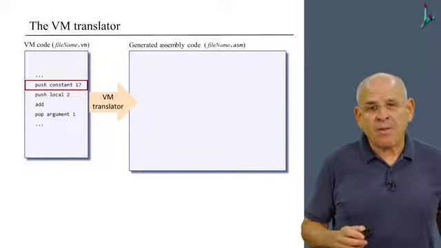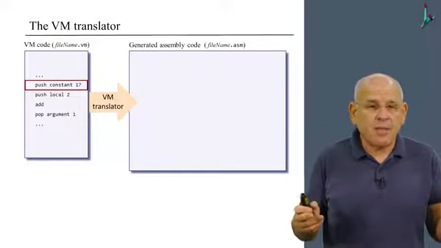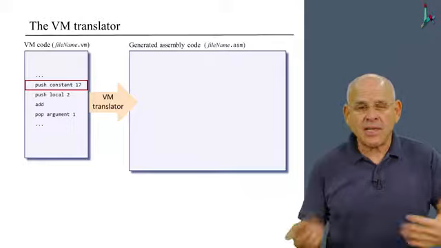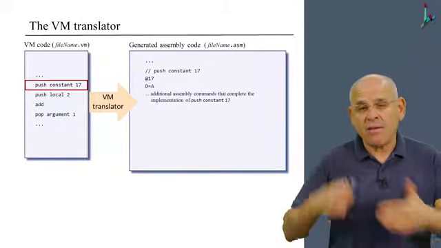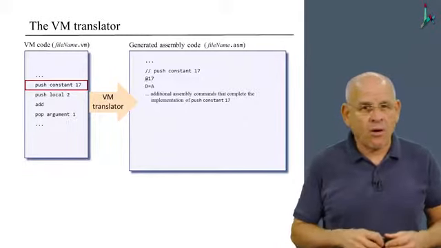So, for example, the VM translator begins to parse this particular command, push constant 17, breaks it into its lexical elements, and builds from it the output @17, D=A, and so on and so forth.